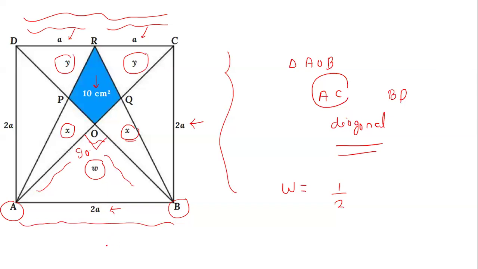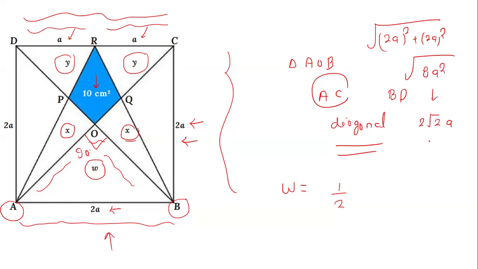This is 2a and this is 2a, so this hypotenuse is the square root of 2a whole square plus 2a whole square. This is 8a square, which is 2 root 2 times a, and half of this is root 2 times a. So this AO length is root 2a and it is equal to BO.